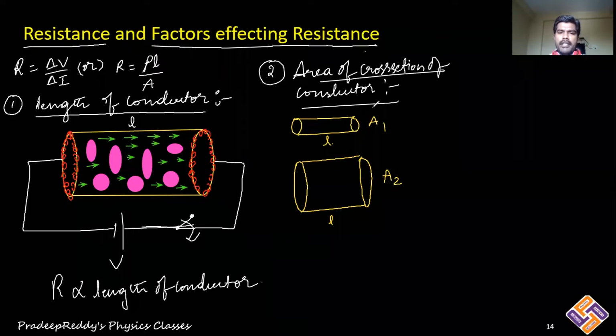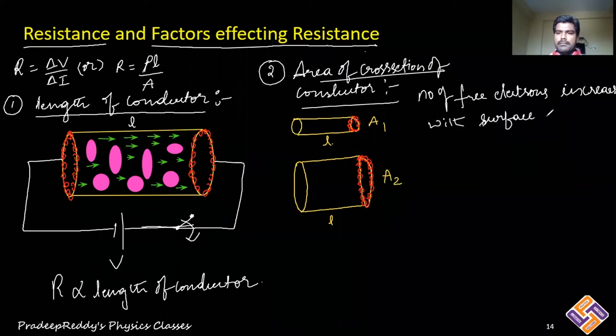Therefore, if area of cross section is less in the first case, what would happen? Compare the number of free electrons in the first conductor and the number of free electrons in the second conductor, you can check it in the figure. Number of free electrons increases with surface area of the conductor.